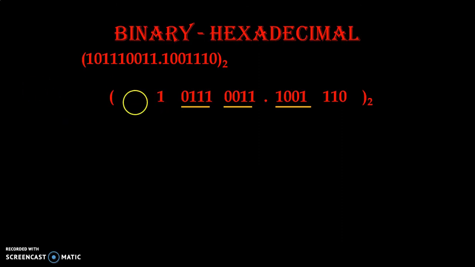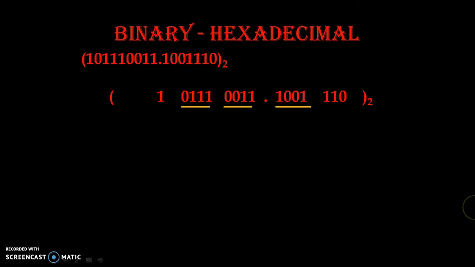In similar way, after a fraction point, for fractional side, we go on left to right. So first we prepare group from left side, we have prepared one group, and then for another group we have only 3 bits. So at the last we can add additional zeros if required, right?